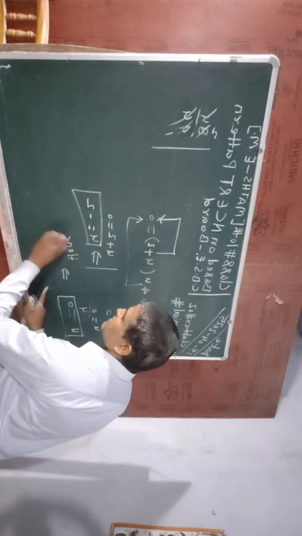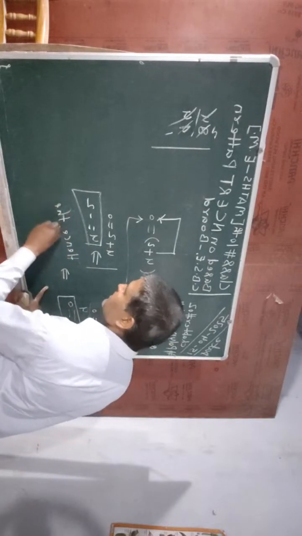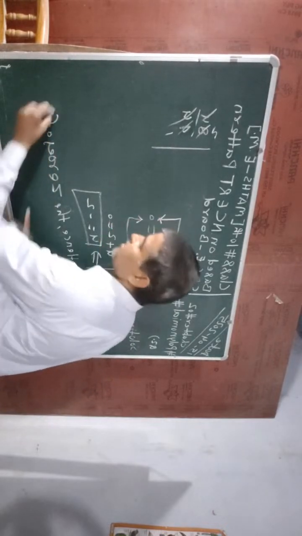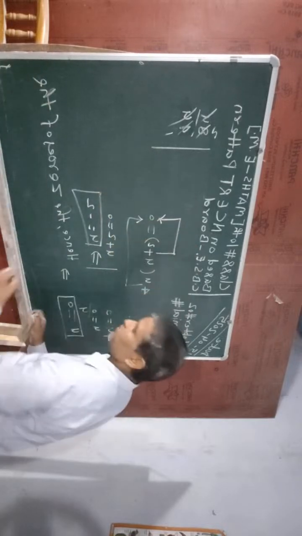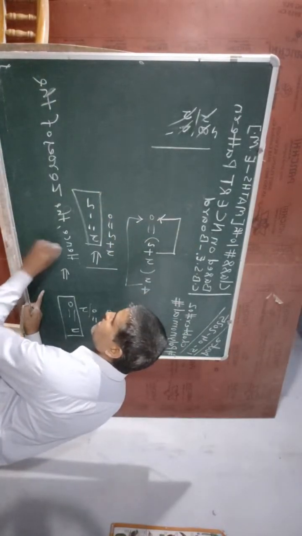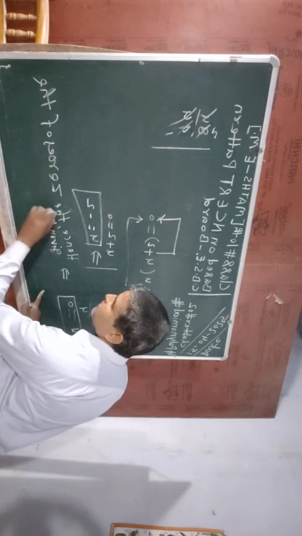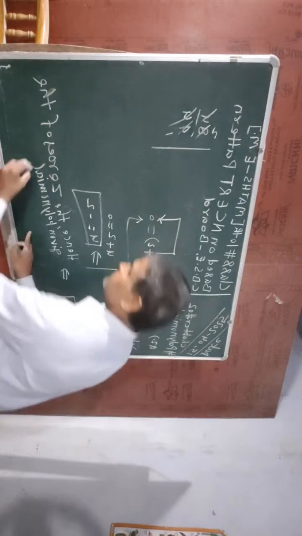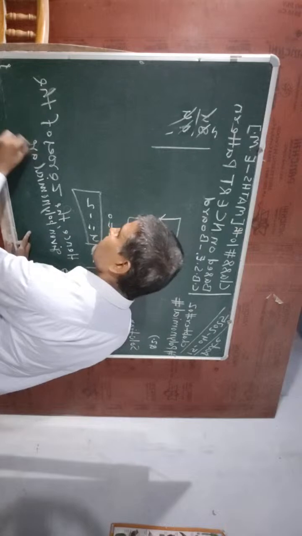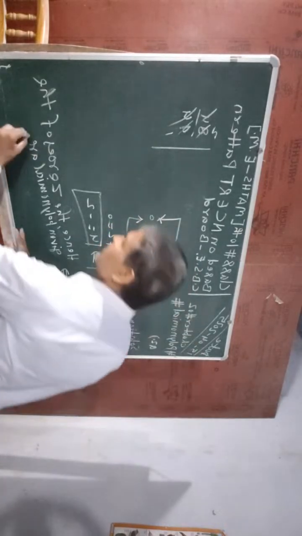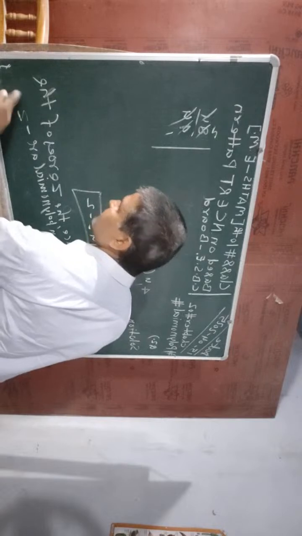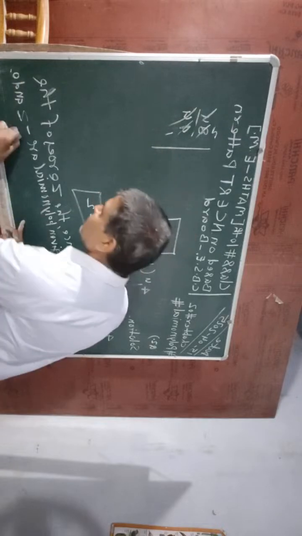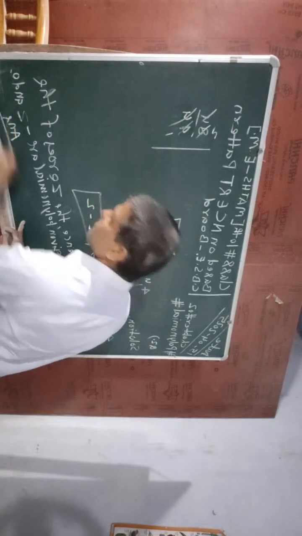Hence, the zeros of the given polynomial are: one is minus 2 and the other is 0. Okay student, this is one answer of my question.